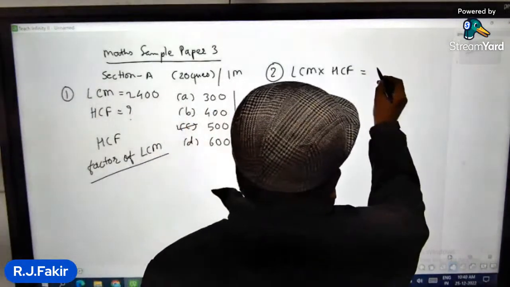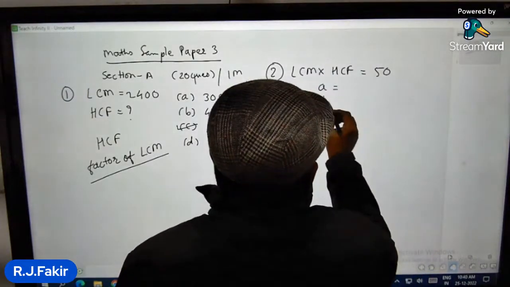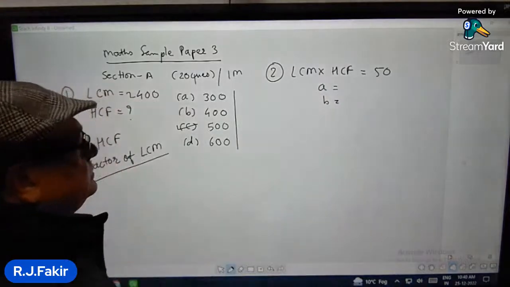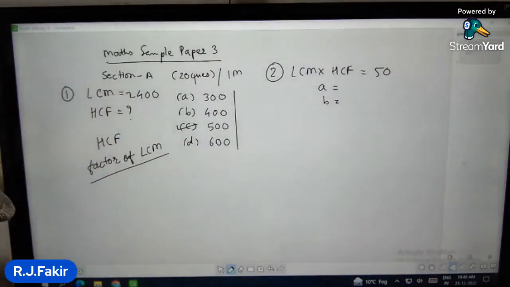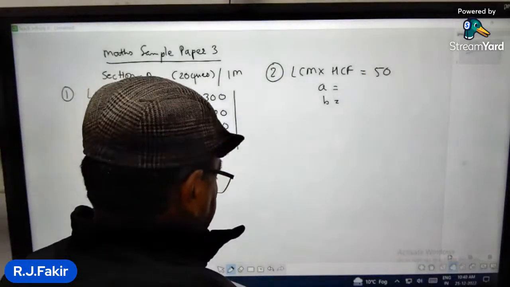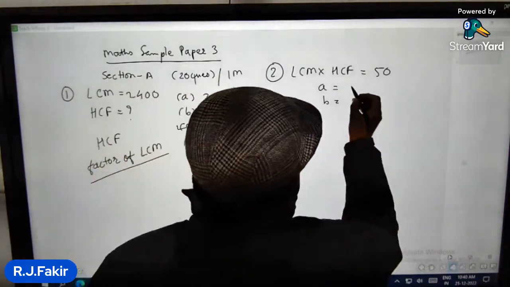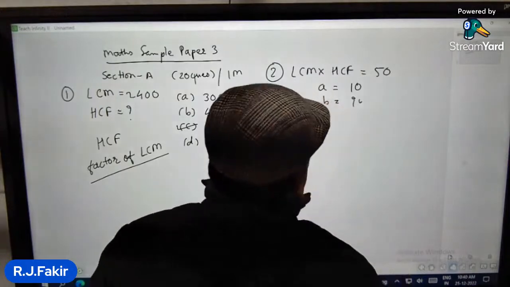That is 50. And out of the two numbers, one number is given, that is 10. So we have to find the other number.